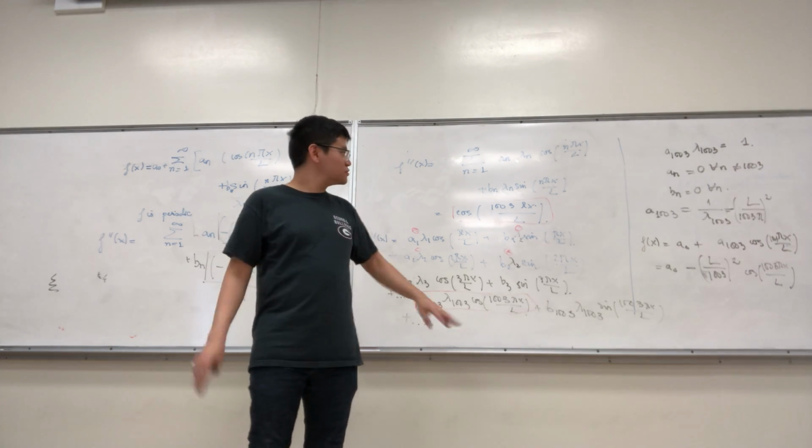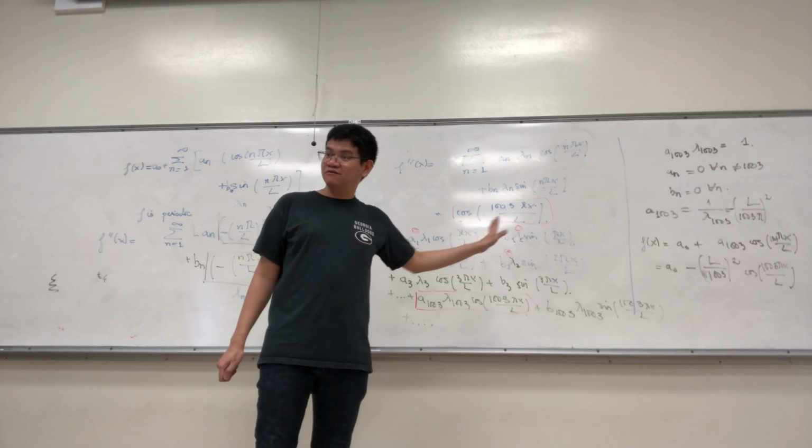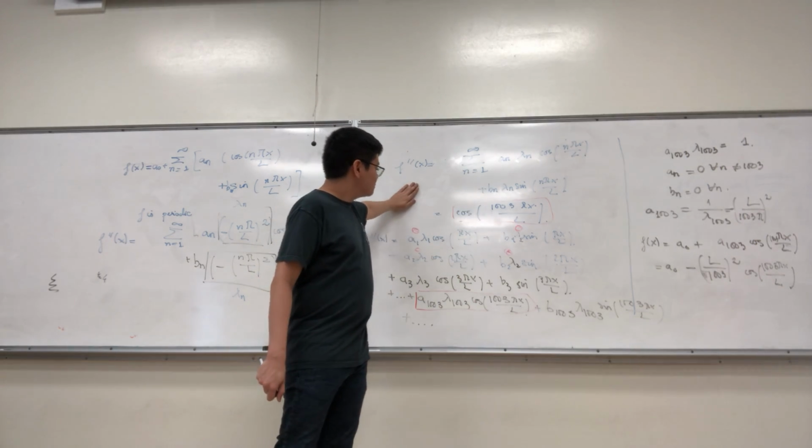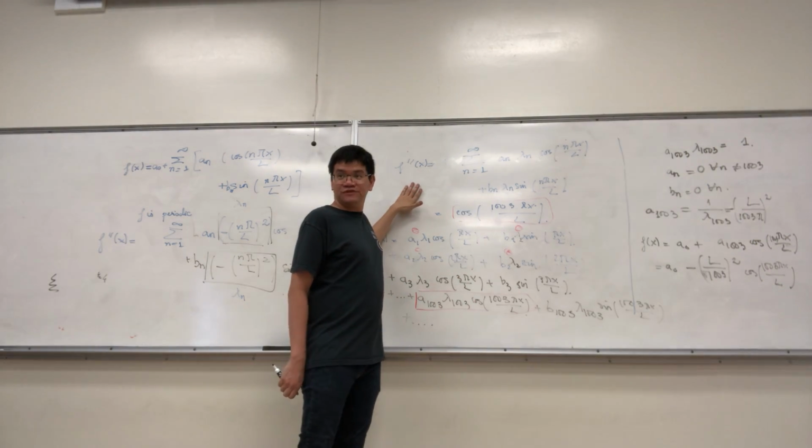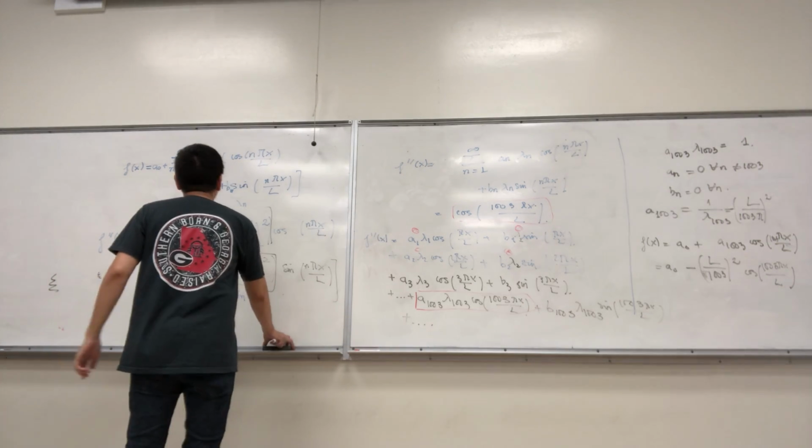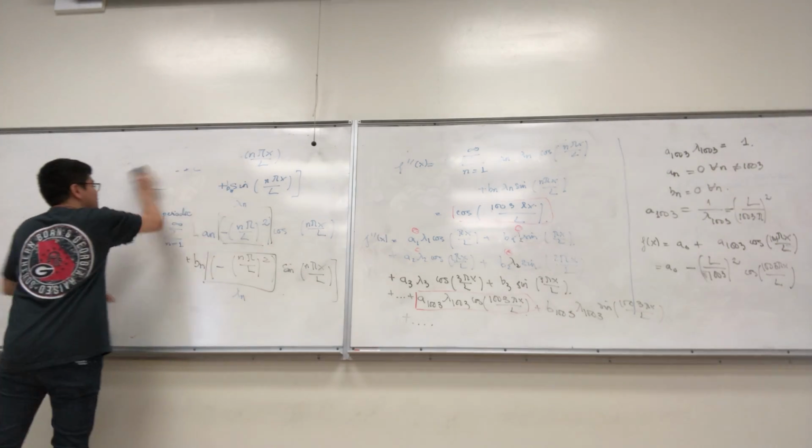So basically, this is the key idea to solve partial differential equations. You express the function in terms of all of the eigenvalues and the eigenfunctions, and then you identify the coefficients. Now I have a general strategy.